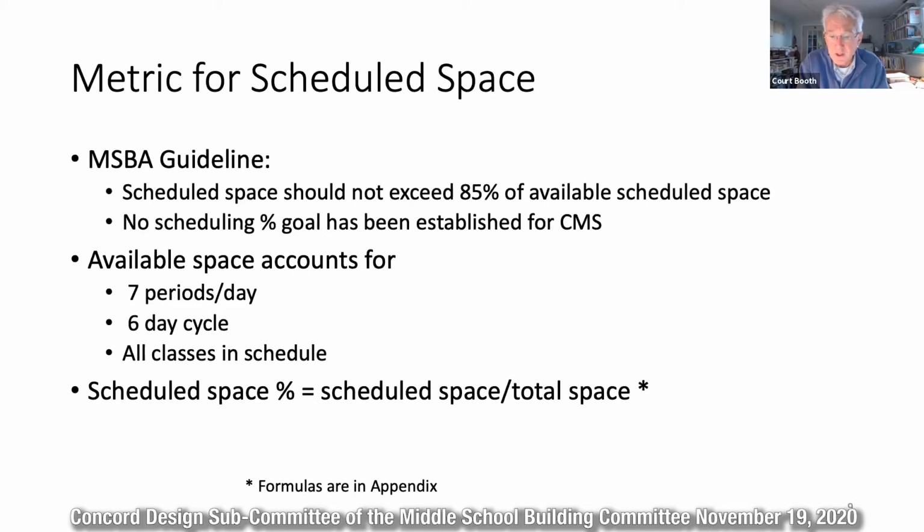I'm told it's actually 85 as their do not exceed. I don't think that's something we would agree to strive for, but it's a number that we know about. We don't have a scheduling goal for usage for the new building here.